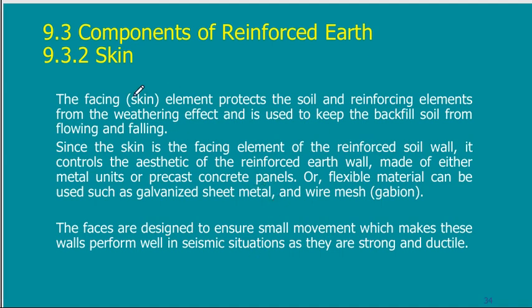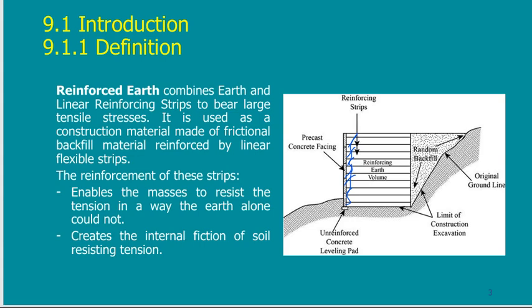So the skin is important mainly for architectural reasons, because it gives a very good architectural view. But of course it is also important structurally for the long term, because as a beginning this will fall, but maybe with time I have something like this, and with time I have something like this, and so on, till I find that my wall has changed to a slope.